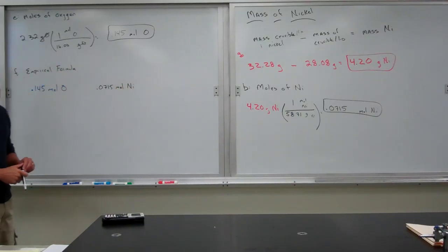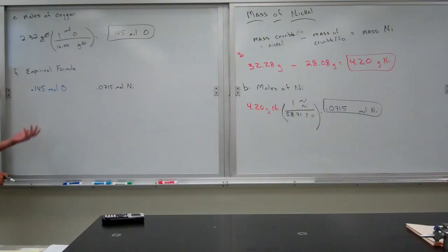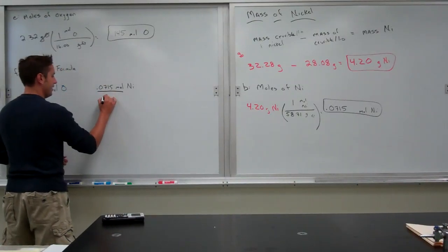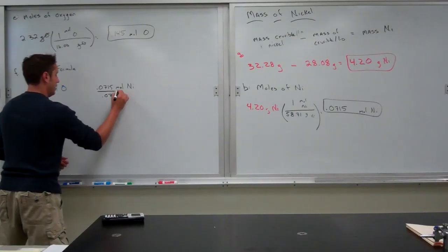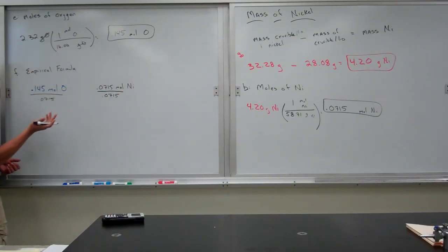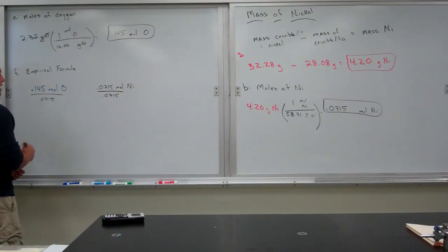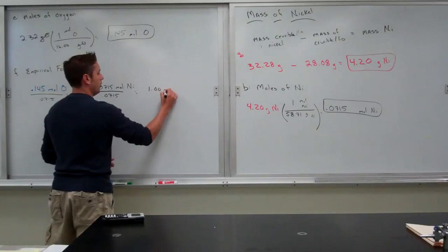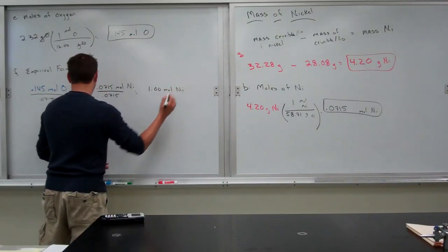The next step in an empirical formula problem is always to divide by the least. So the 0.0715 is the smaller of the two values, and you get yourself whole numbers if possible. So right here, no big surprise, 1.00 mole Ni.